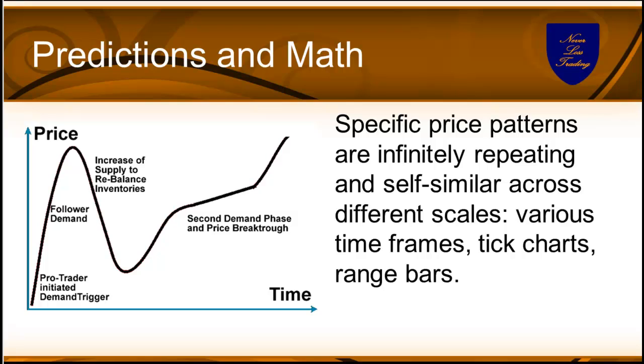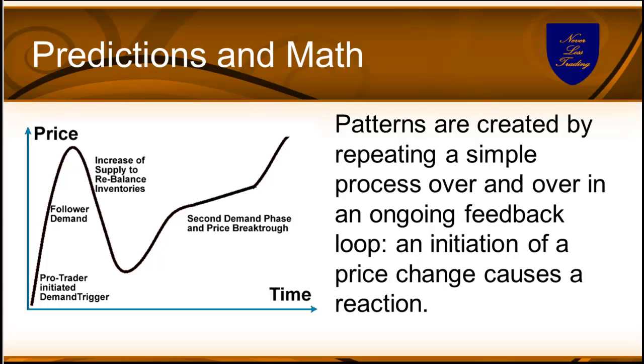And important is, when you want to have a good model, math is the science to help you portray things, but it has to follow the natural model. And this is why we're showing you all of that here. The pattern is created by a simple process of supply and demand and repeats itself over and over in a feedback loop. So the initiation goes again.